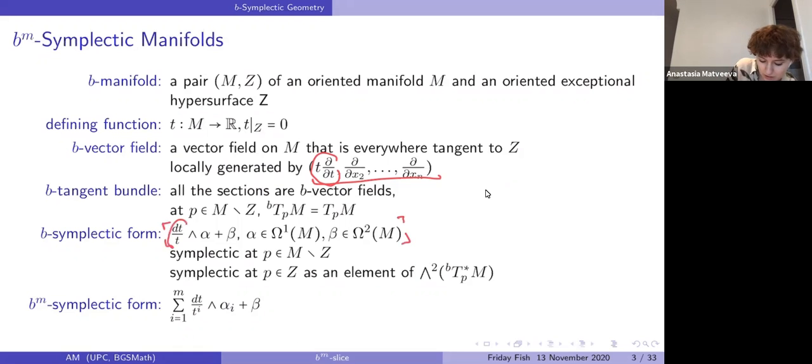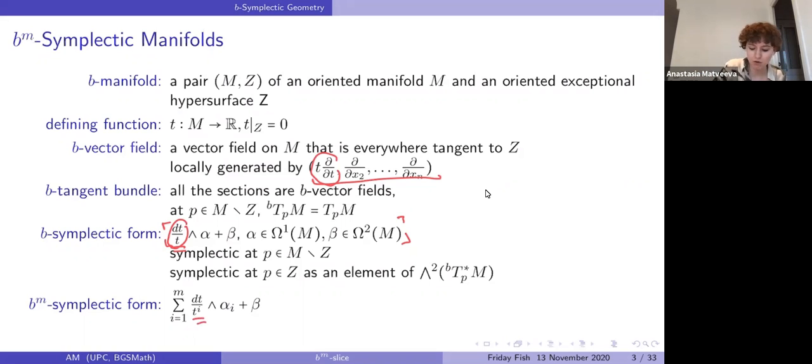So in coordinates, the Darboux theorem will be like this. You have this dt over t term. Outside the hypersurface, if you check, it will be a perfectly smooth symplectic form. But on the hypersurface, you allow this term. Once you have all of this, you can also define the BM symplectic form, where M stands for the order of singularity. In the sense of the Darboux theorem, it will be a sum of all negative degrees of t here.